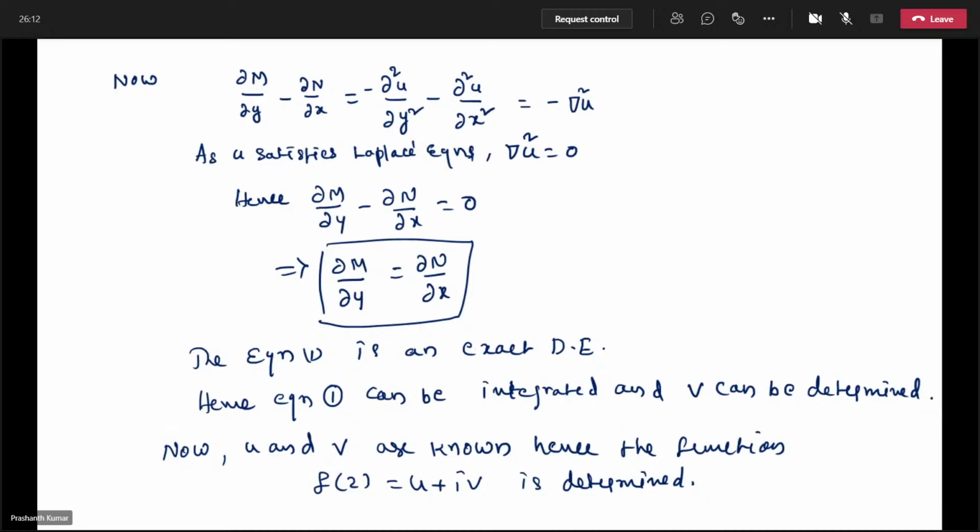This is the way we determine the imaginary part v by using the real part u. Okay.